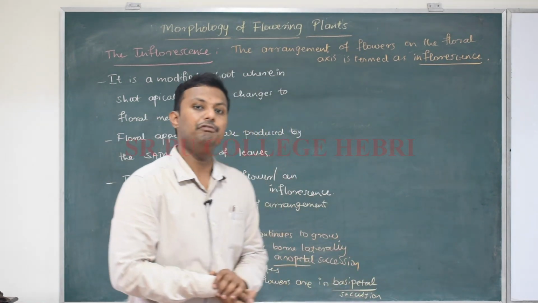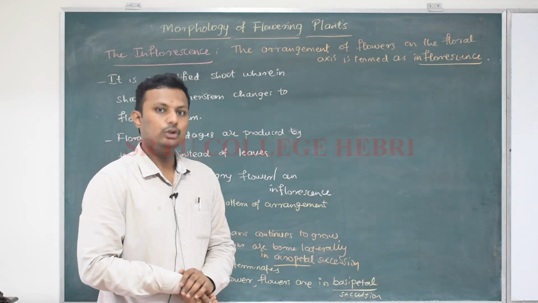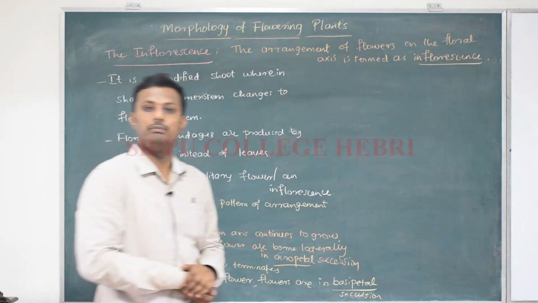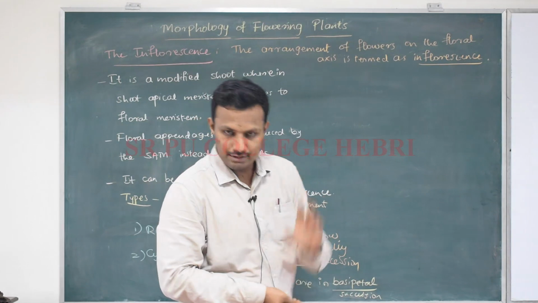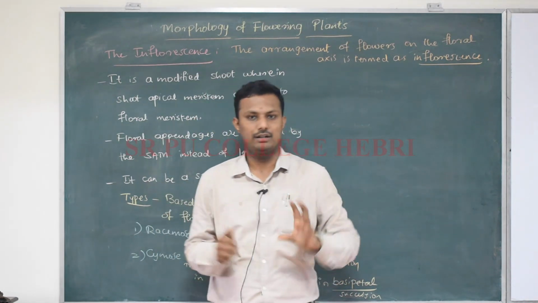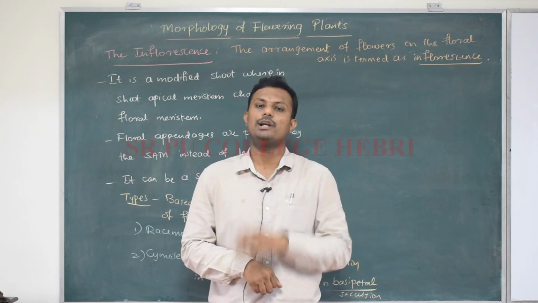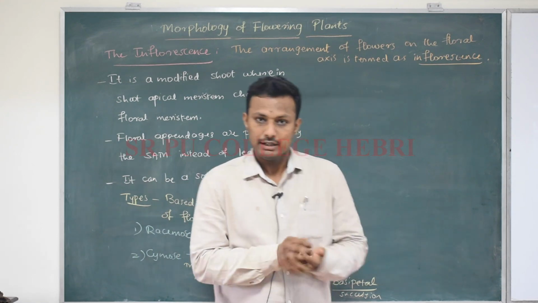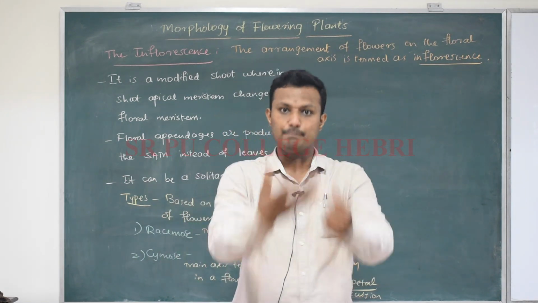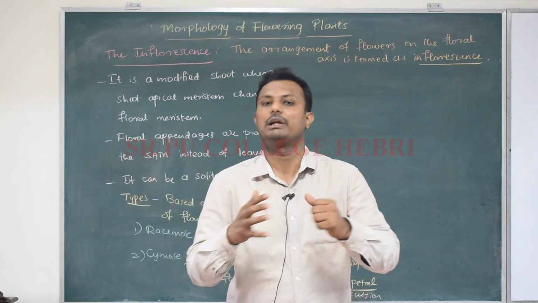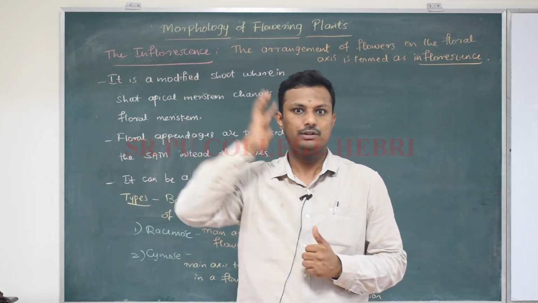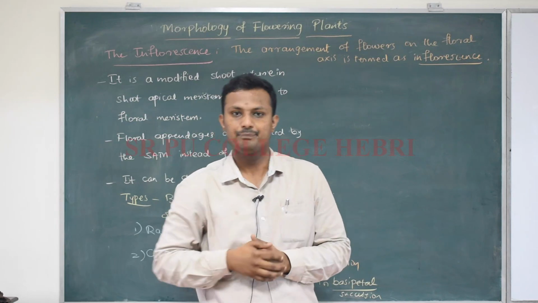After understanding the leaf, now we will move on to the next important part of the angiosperms, that is the inflorescence. You might have heard this term, inflorescence, which is generally considered to be a bunch of flowers. Maybe in your lower classes you were told that inflorescence means a bunch or a group of flowers produced on a tree or a small plant.